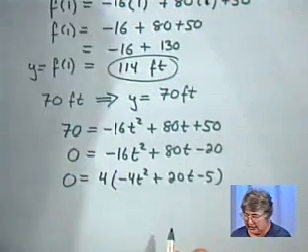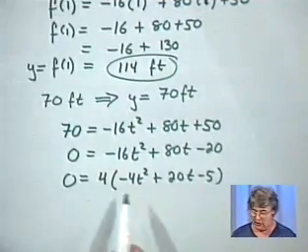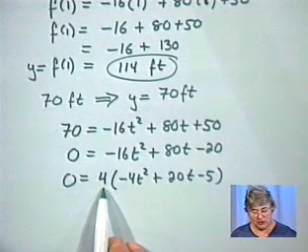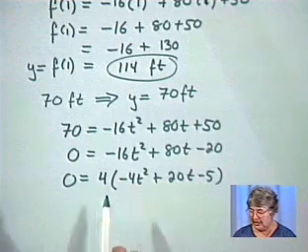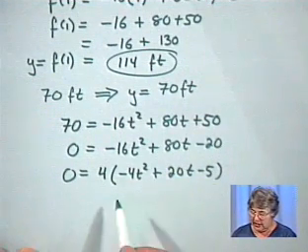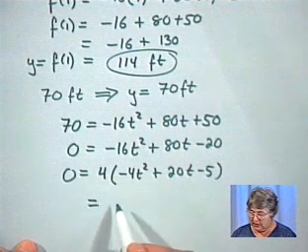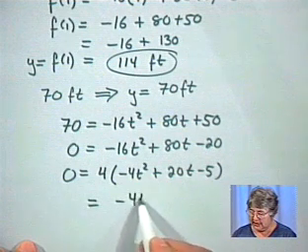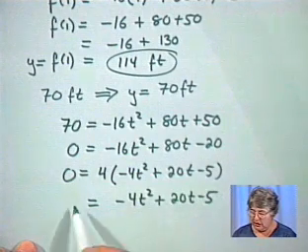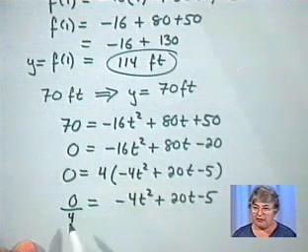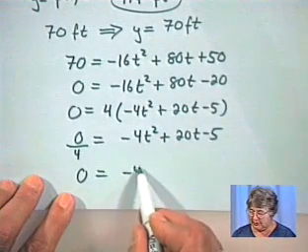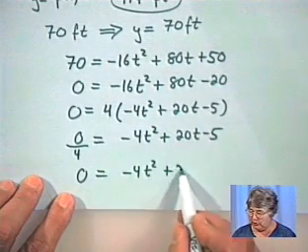Now, when we're solving quadratic equations, we have 0 on one side, and we're able to factor a constant factor to the outside. We could just as well divide both sides of the equation by 4, and so when we do that, on the right-hand side, we'd have negative 4t squared plus 20t minus 5. On the left, we would have 0 divided by 4, but that's just 0. So we've made the equation a little bit simpler by having smaller numbers to work with.